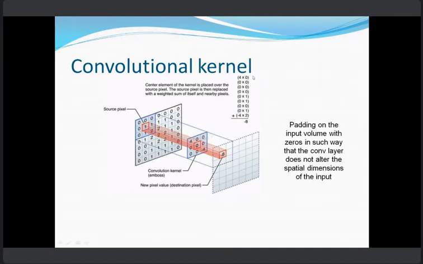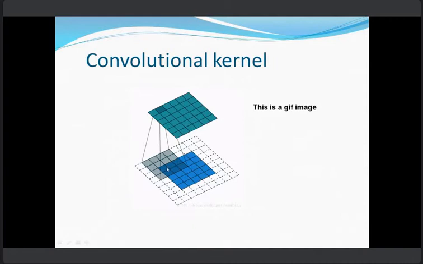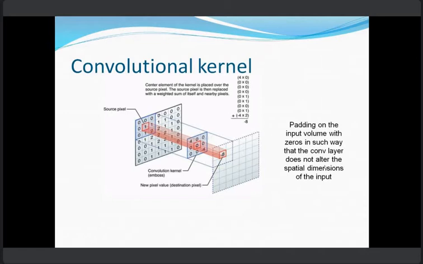After this element-wise multiplication, all the elements will be added, that is -8, and this will be placed here. Likewise the kernel slides, and for every slide there will be a calculation like this. This is how the CNN extracts features from the source images.